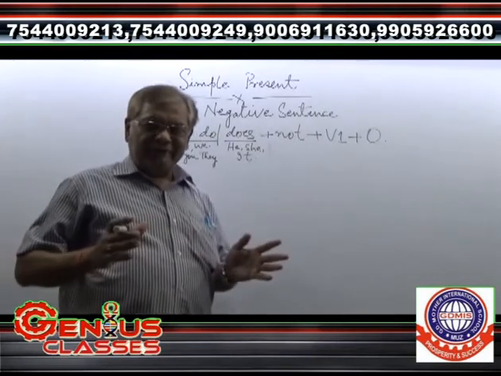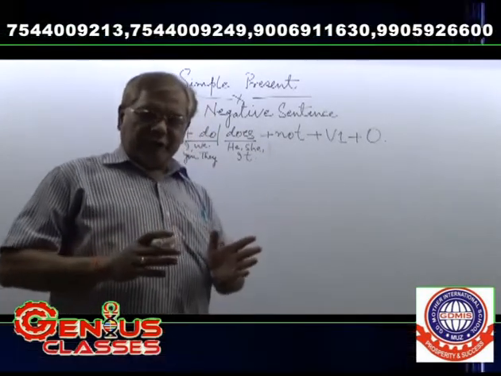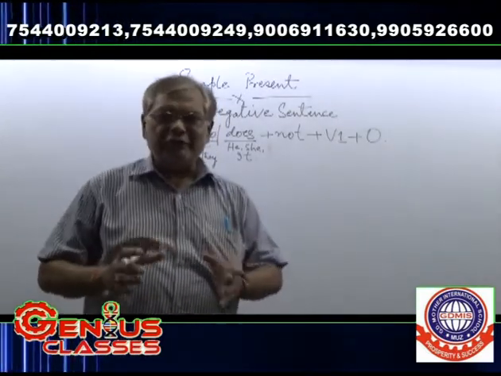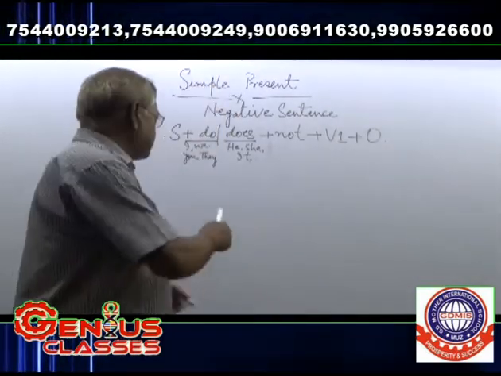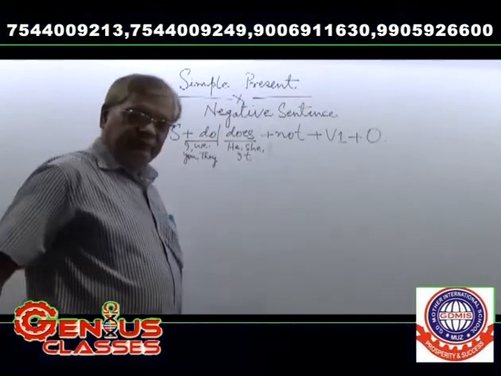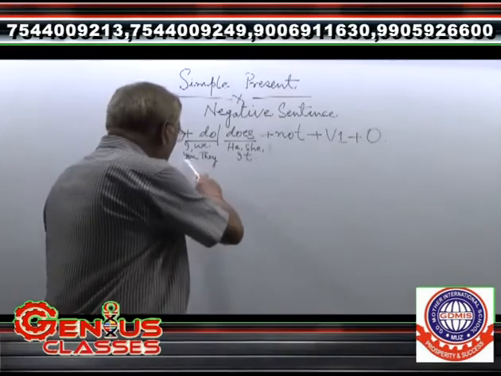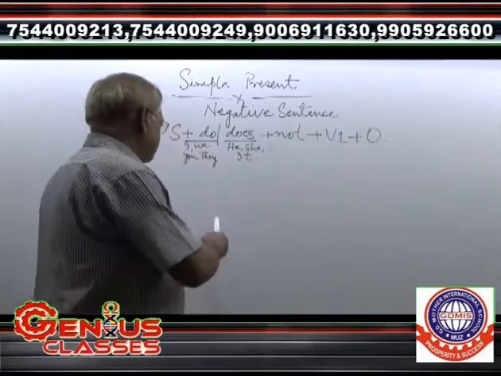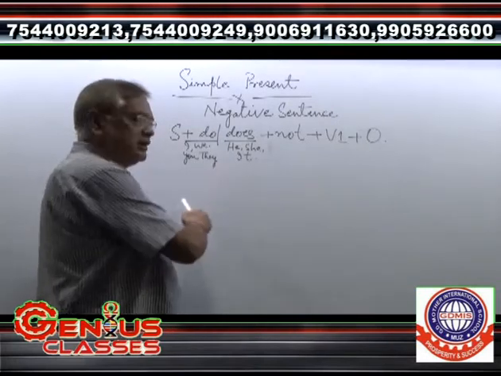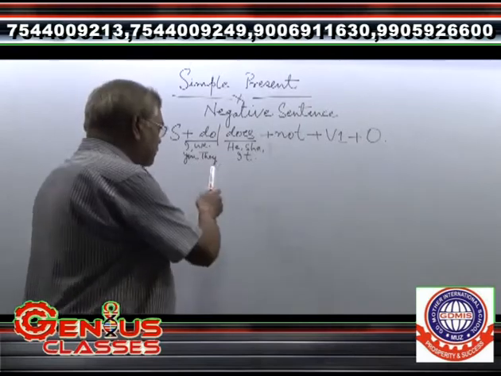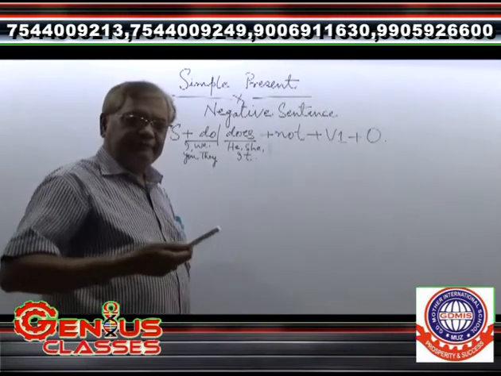You know very well that instead of a noun, if any word is used, that is called a pronoun. Except it, all pronouns are used for human beings. I, we, you, they are used in plural numbers.